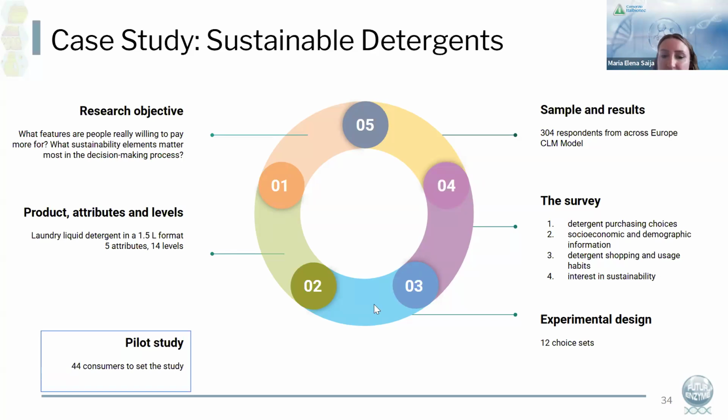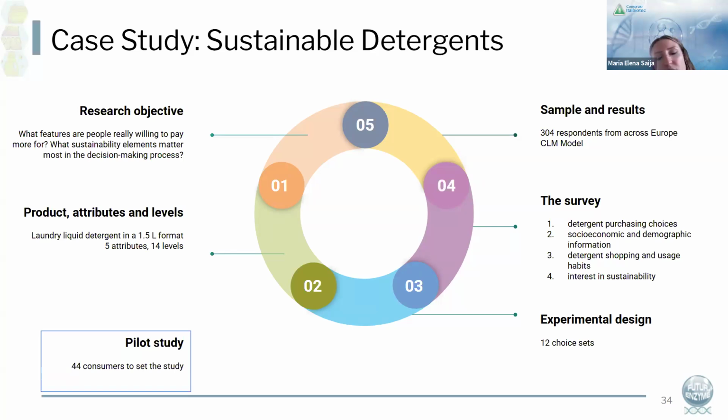But the features that we consider were packaging, surfactant, washing temperature in terms of energy saving, and washing performance, and of course the price. The product test was a laundry liquid detergent of 1.5 liter. Since scientific studies have shown that this is the type of product most often chosen in a supermarket, and so it is most familiar to the consumers.